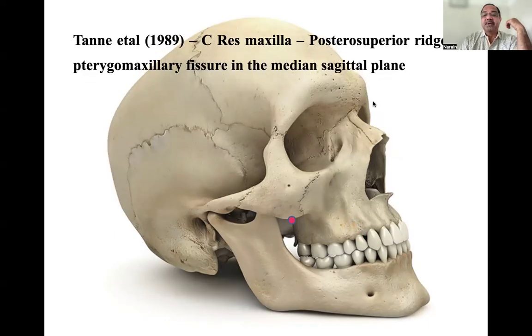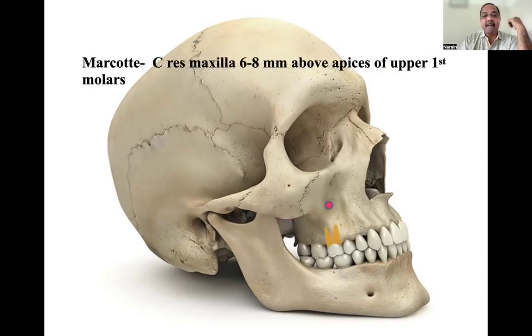According to Tane, the posterior superior part of the pterygomaxillary fissure in the median sagittal plane is the center of resistance of the maxilla. According to Marcotte, the center of resistance is 6 to 8 millimeters above the apices of the upper molars, 6 to 8 millimeters.